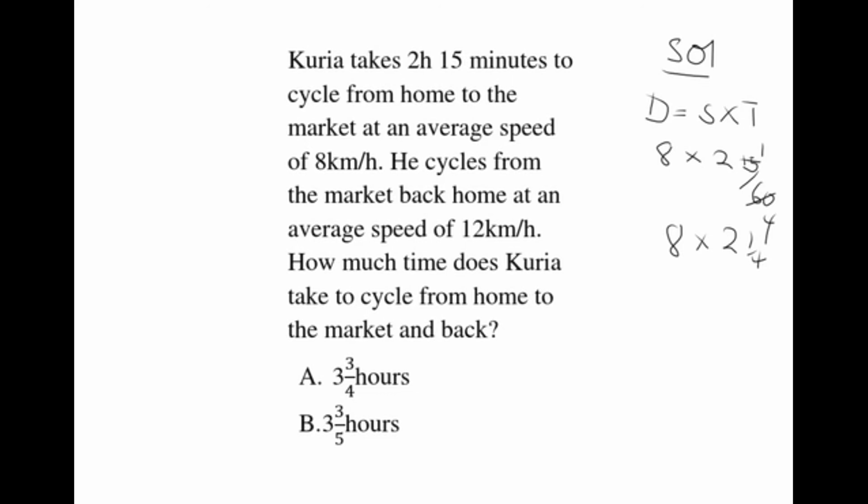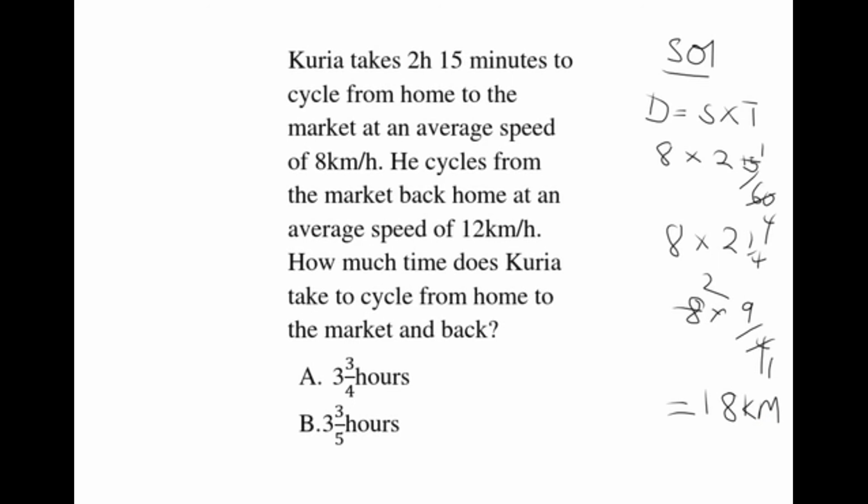You are going to have 4 times 2, 8 plus this 1, 9. Therefore, we are going to have 8 times 9 over 4. Simplify by 4, 1, by 4, 2. 2 times 9, 18 kilometers. Therefore, the distance from home to the market is 18 kilometers.